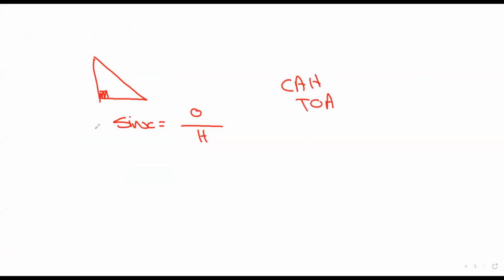Now, the normal form is what we use to calculate a side. So on your calculator, when you look at the sine button, you'll find written on top of it sine inverse. Okay? So the normal form is what we use to calculate a side.